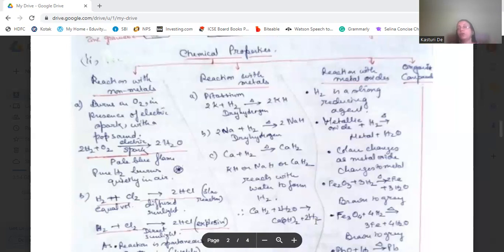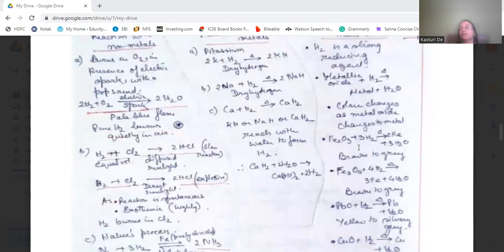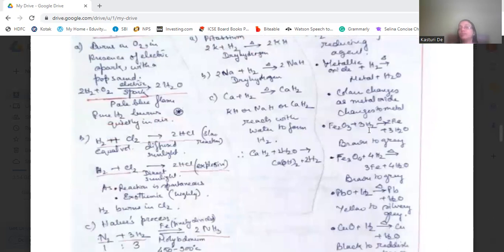The color of the metal oxide changes to the color of the metal, in presence of heat. So the general reaction is metallic oxide plus hydrogen in presence of heat forms metal and H2O. For example, Fe2O3 plus 3H2 will give us 2Fe plus 3H2O.